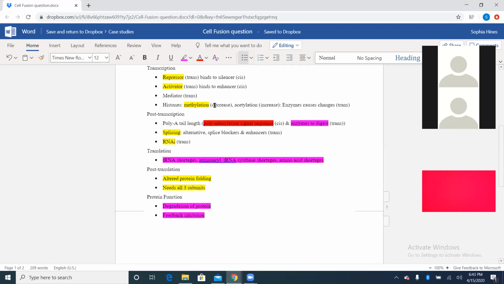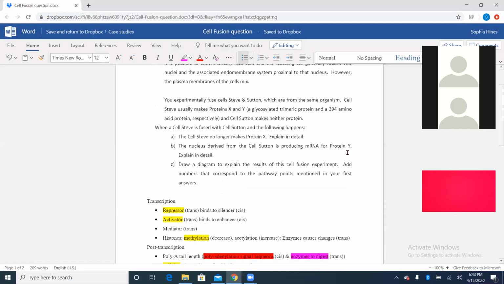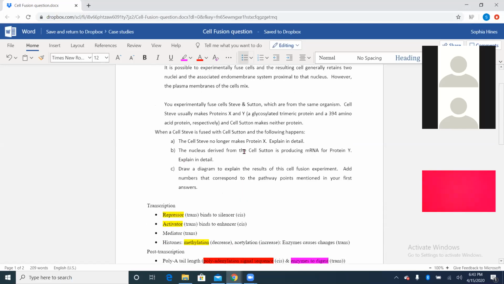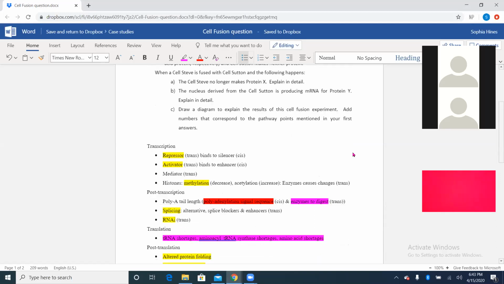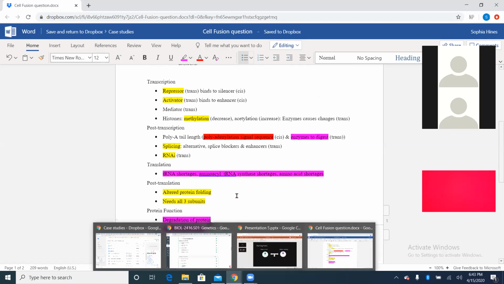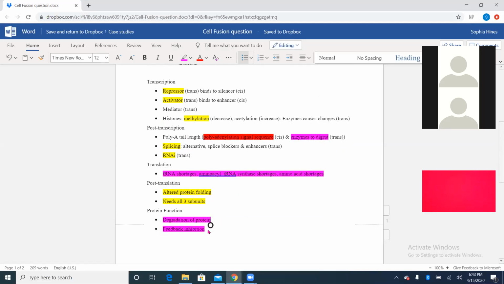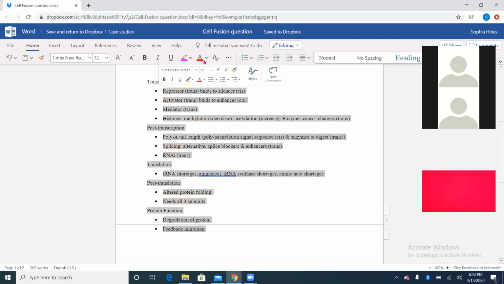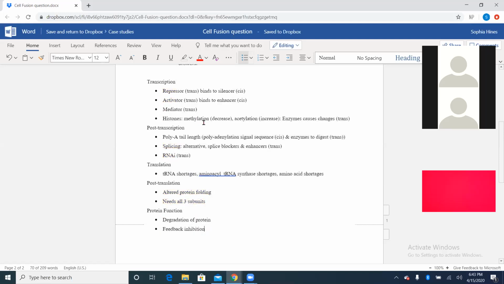Now, the other question on here is the nucleus derived from the cell Sutton is producing mRNA for protein Y. Okay, so now we want to look back through here. I'm going to change off our colors, erase our highlighter marks, and talk about ways to turn on a cell, or turn on a gene.